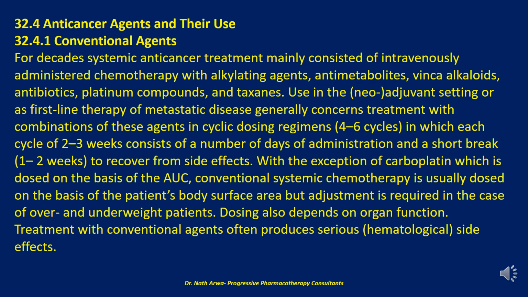With the exception of carboplatin, which is dosed on the basis of the area under the curve, conventional systemic chemotherapy is usually dosed on the basis of the patient's body surface area, but adjustment is required in the case of overweight and underweight patients. Dosing also depends on organ function. Treatment with conventional agents often produces serious hematological side effects.